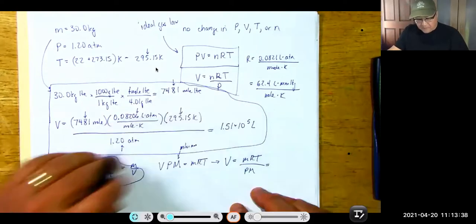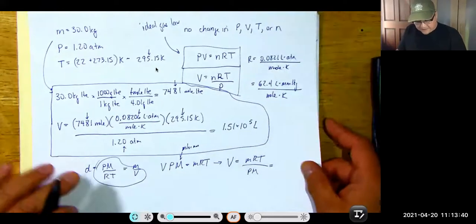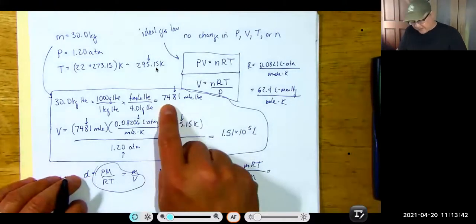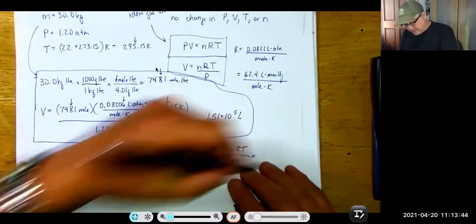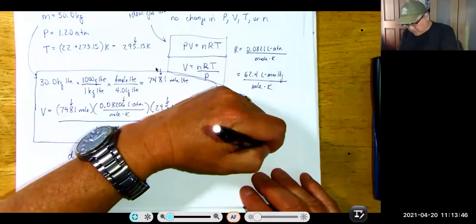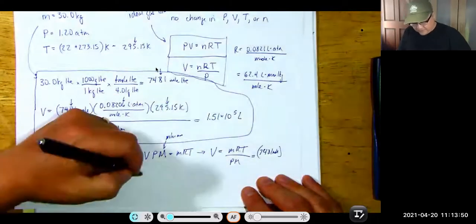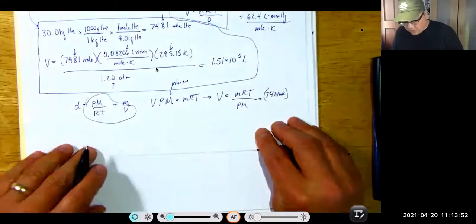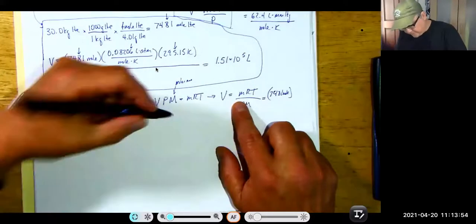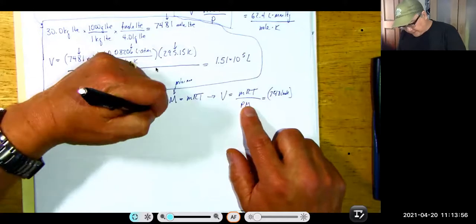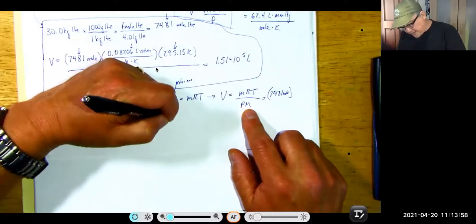Here the moles of the gas we calculated to be 7,481 moles. I'm running out of room here. So we're going to use 7,481 moles of gas.